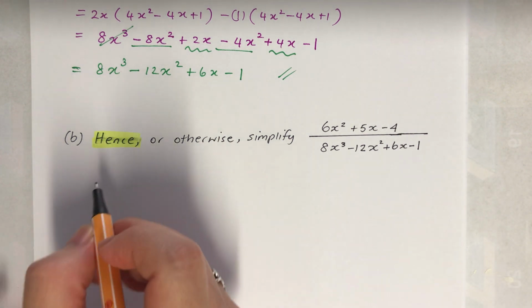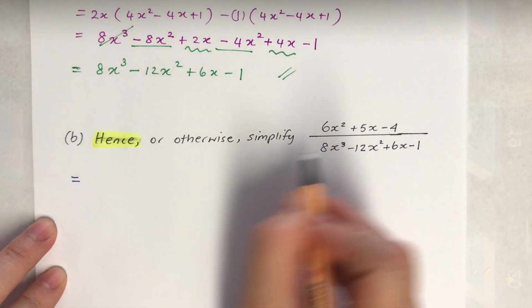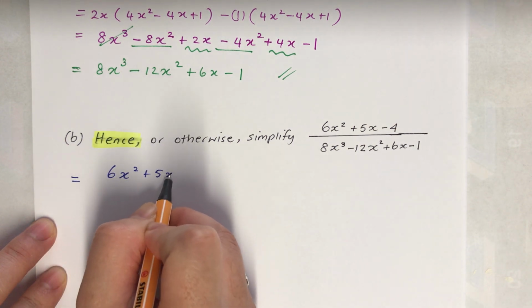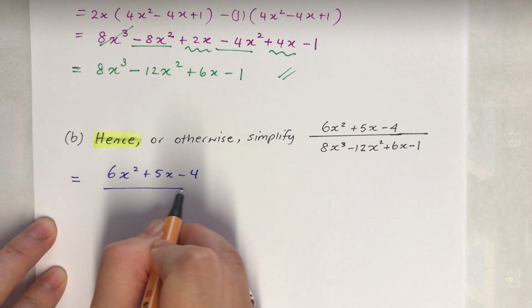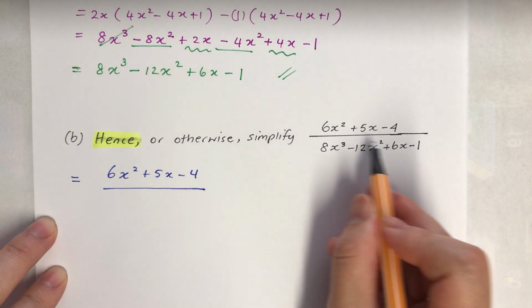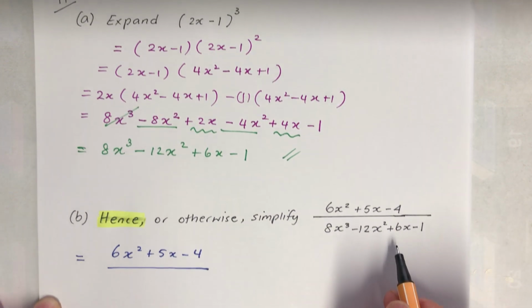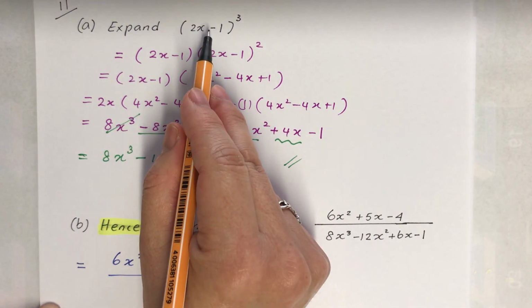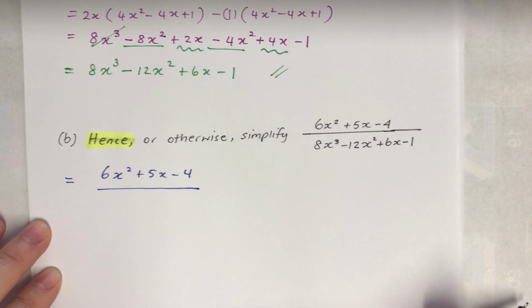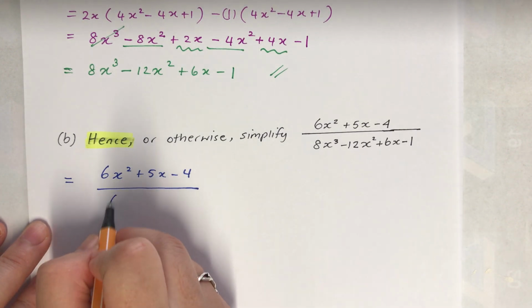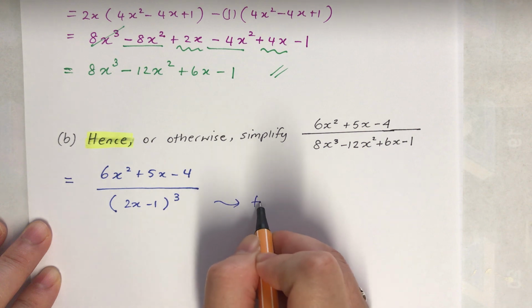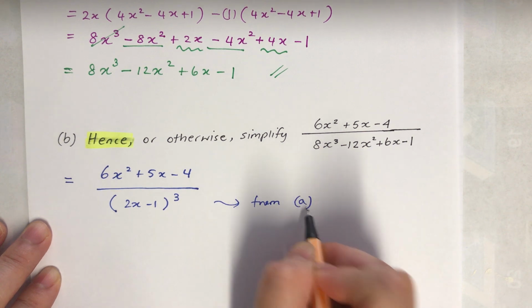Here on the top I've got 6x squared plus 5x minus 4. But if you look at the bottom one, this is exactly the same as what we got there, isn't it? But we can also rewrite that as this. So that's what I'm going to do. So 2x minus 1 cubed. That's from part A.